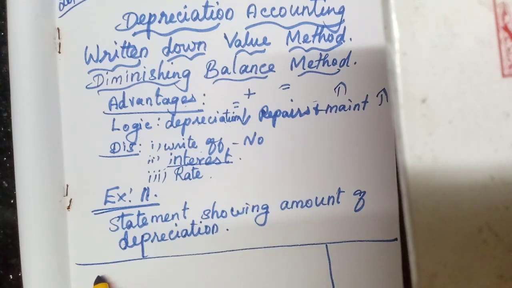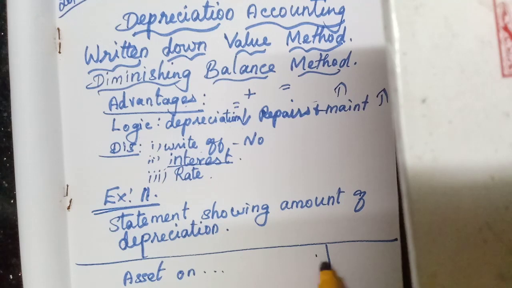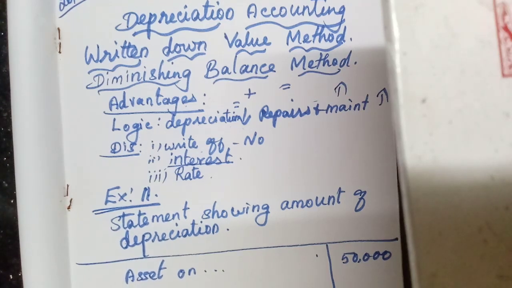First, the asset on, when the date is not given. Otherwise we should write the date also. 50,000 less depreciation for the first year.